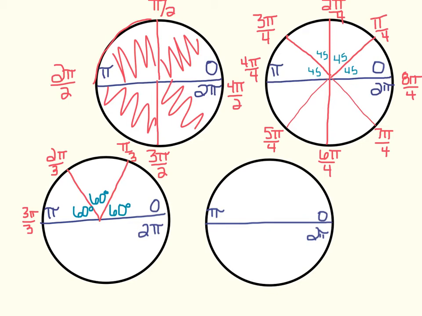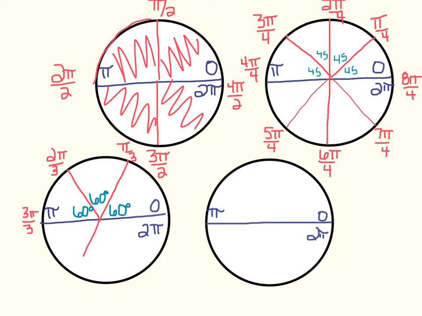Remember, you have like 30, 45, 60. This is the 60 degree mark. Notice this one skips over the 90. It does not include this line here. It goes 60 degrees past this one, which would actually be 120. So this is at the 120 degree mark, and then this would be at the 180 degree mark. So it's every 60 degrees I'm cutting.